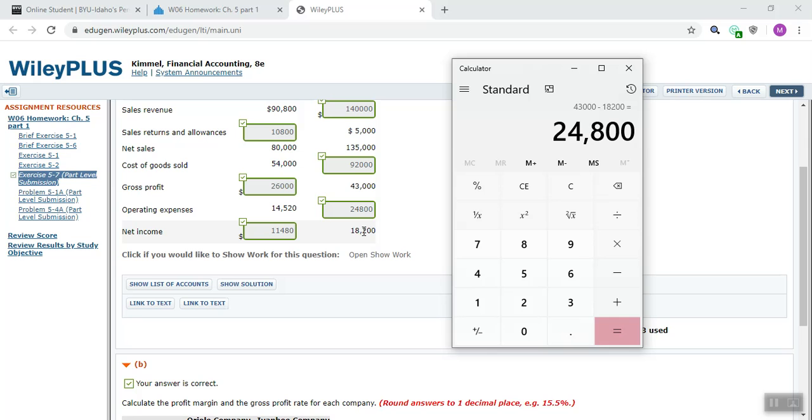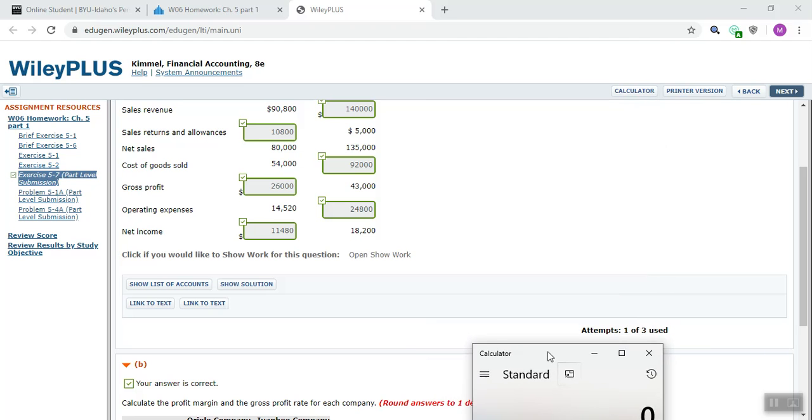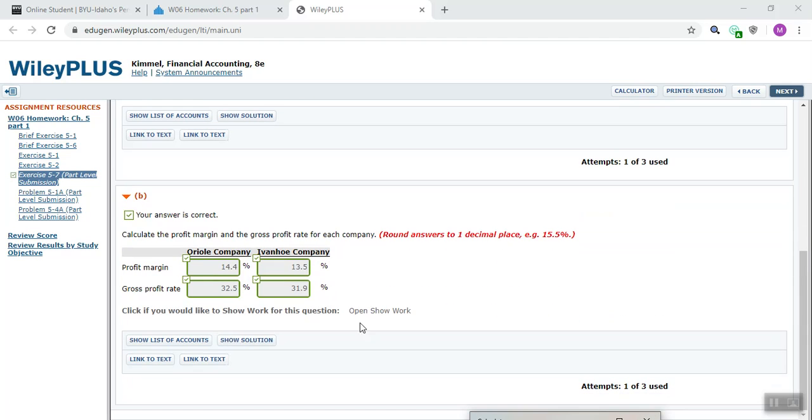Keep in mind, like I said in this exercise, net income is gross profit minus operating expenses, and that'll equal the net income, which is 18,200.